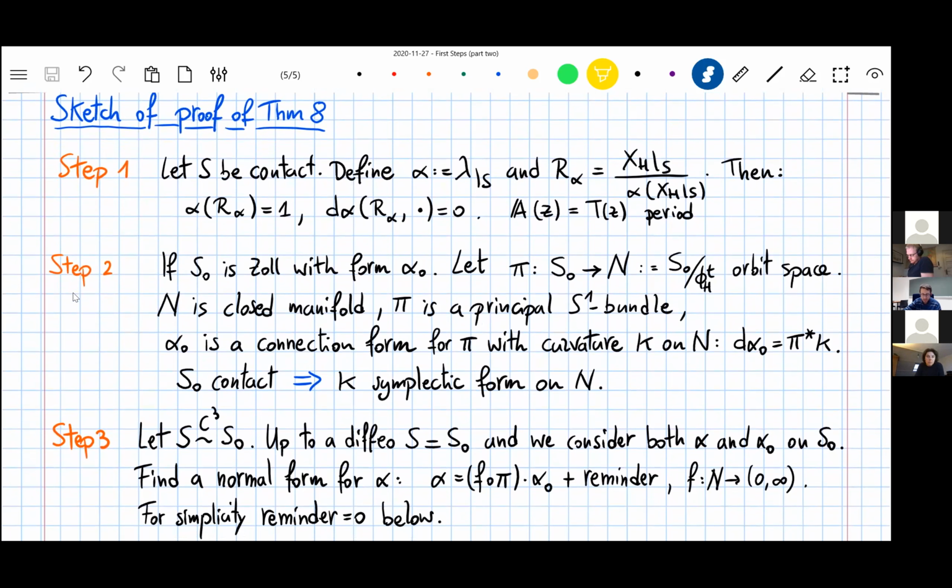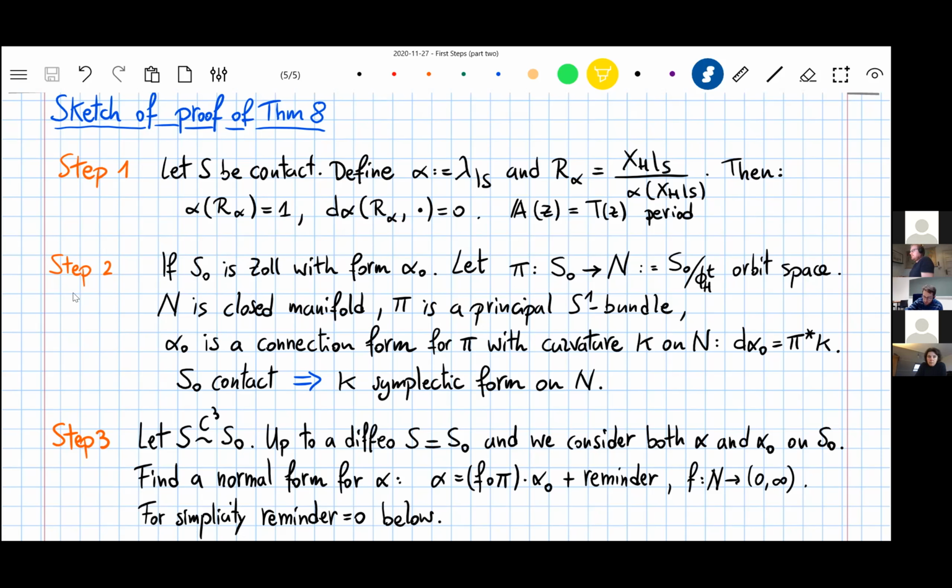So what is the idea of the proof of Theorem 8? We have here several steps. The first step is that once you have a contact hypersurface, then you have this one-form lambda. And now it's more convenient to restrict lambda to the hypersurface, so to consider it as something which really lives in the hypersurface and forget about the symplectic manifold outside.